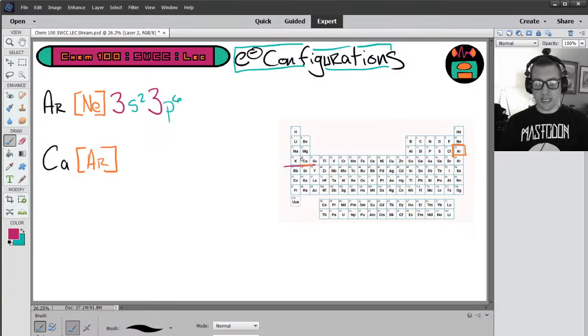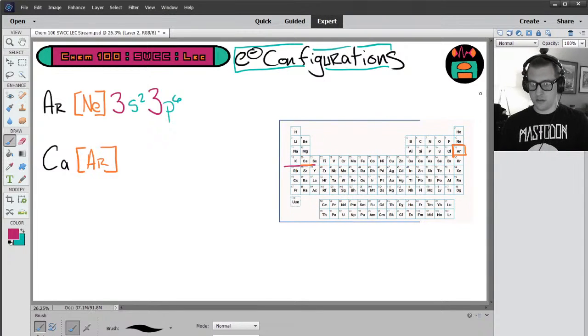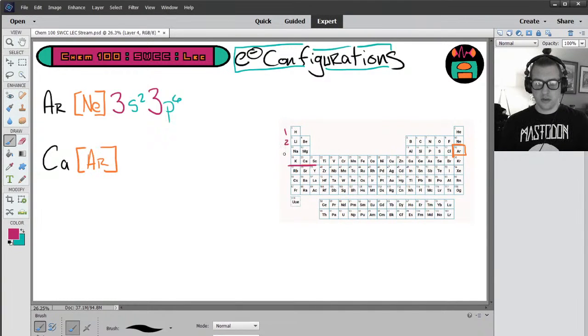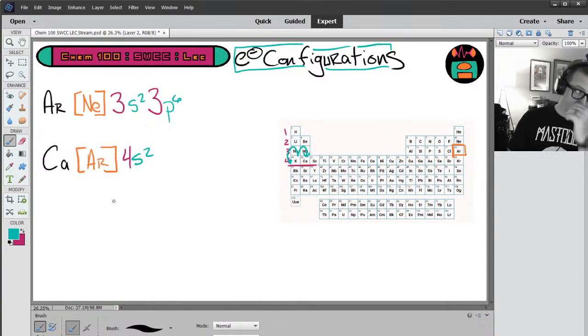Now calcium is down on the 4th period, so we throw a 4 right in here. Calcium is in the S block, and so we start on the very edge and move 1, 2 spaces in. So this will be 4s2.